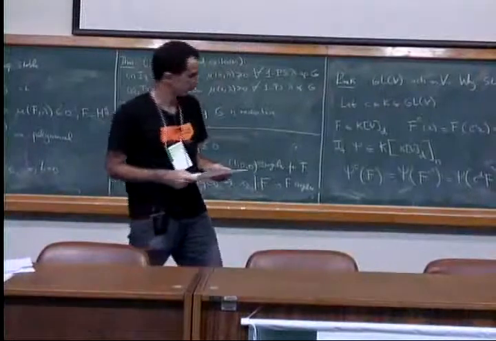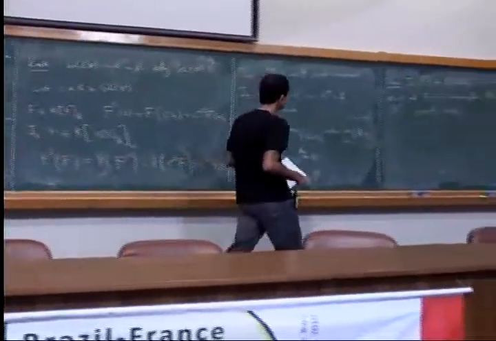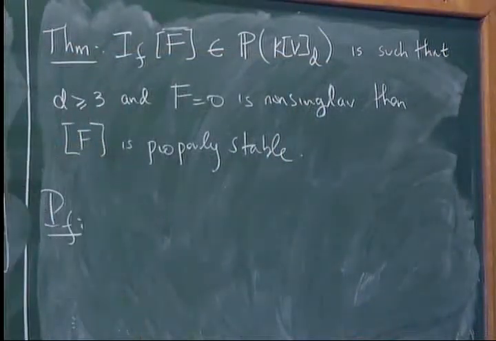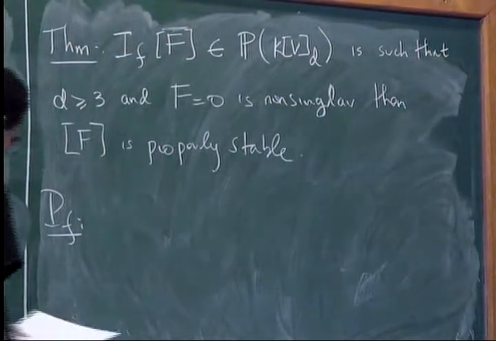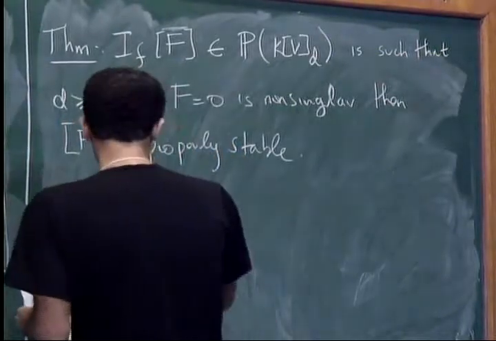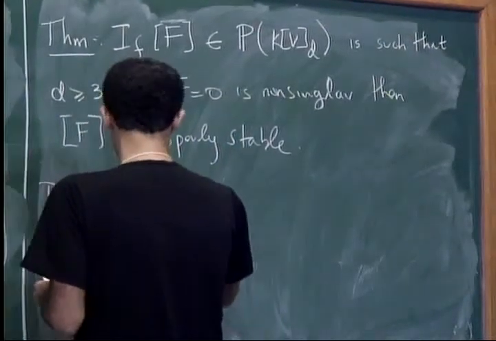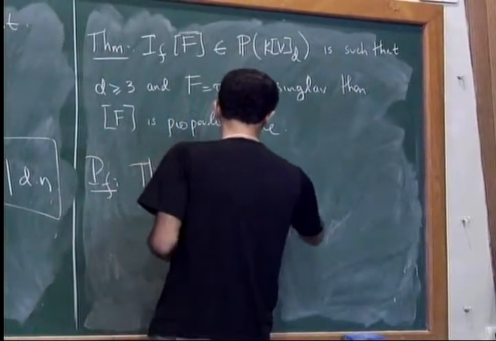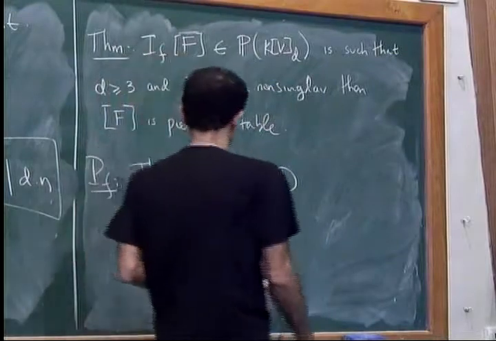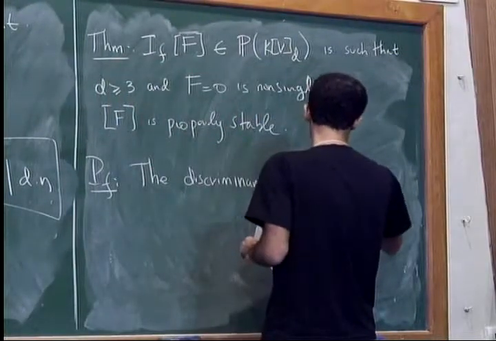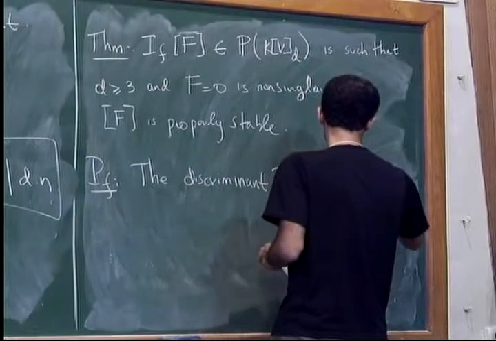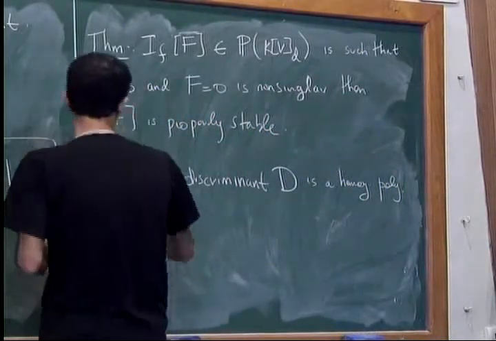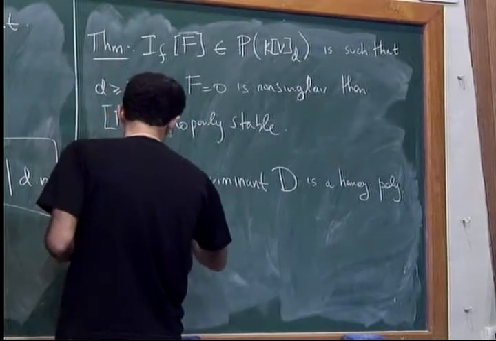Okay? So let's give this proof. First of all, we consider the discriminant. D is a homogeneous polynomial in the ring of functions on KV of d.